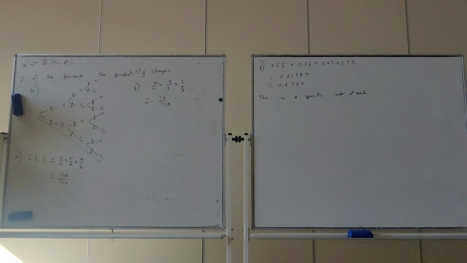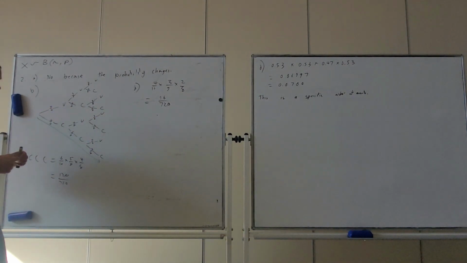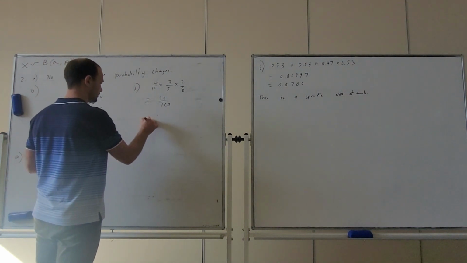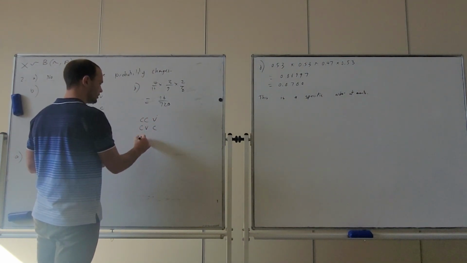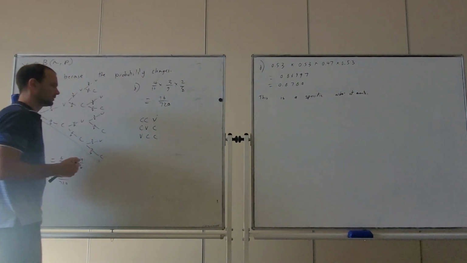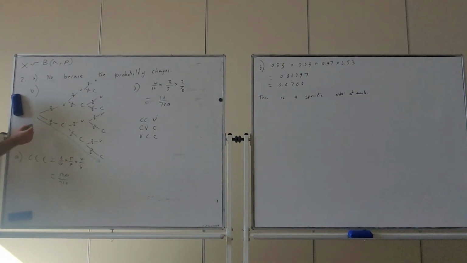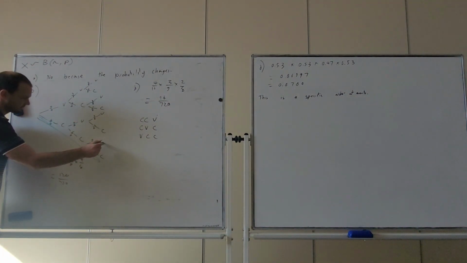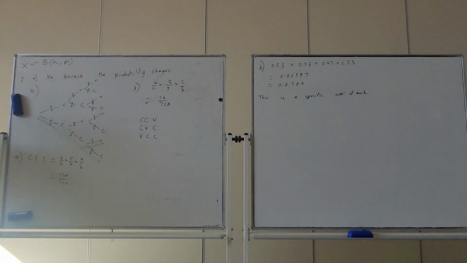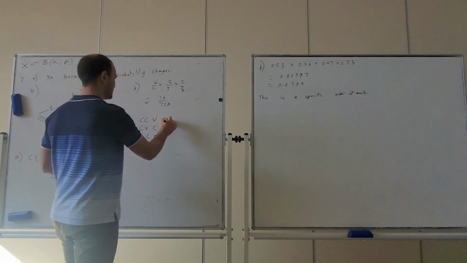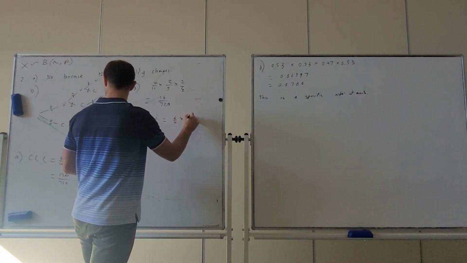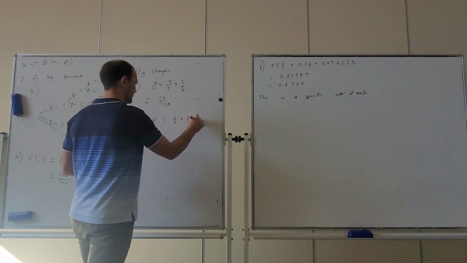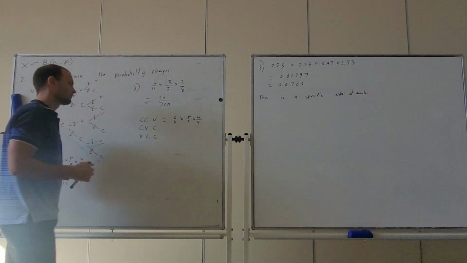There's a number of ways that this can occur. All right, I'm going to write them all out. We could get chocolate, chocolate, veggie; chocolate, veggie, chocolate; veggie, chocolate, chocolate. So chocolate, chocolate, veggie is 6 on 10 times 5 on 9 times 4 on 8.